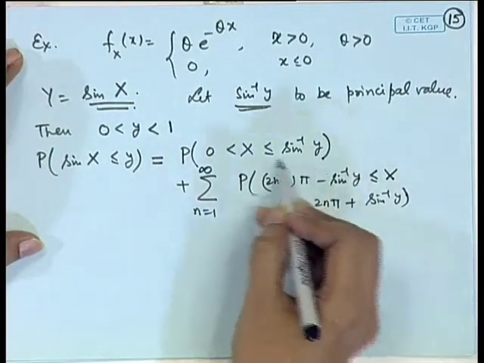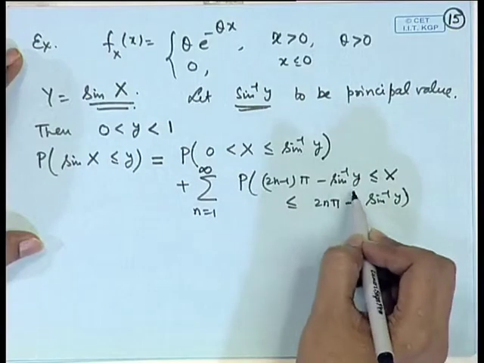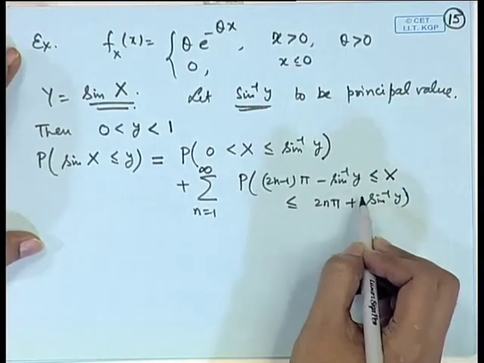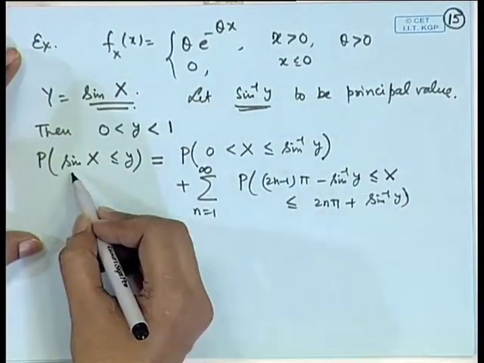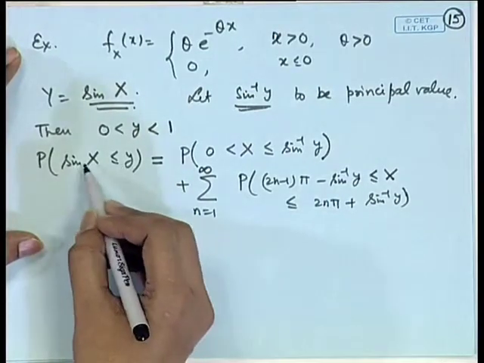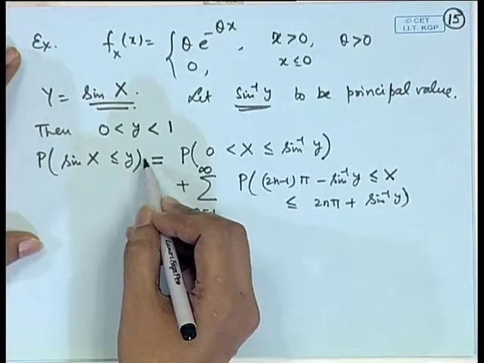So, this takes care of all the infinite number of distinct regions, each of which maps to the region sin x less than or equal to y.